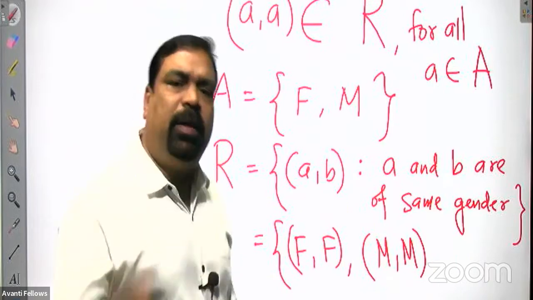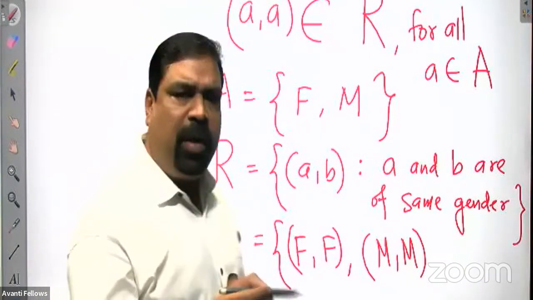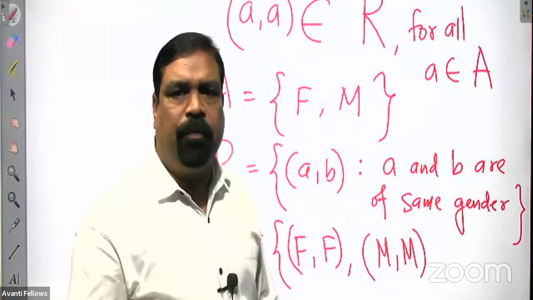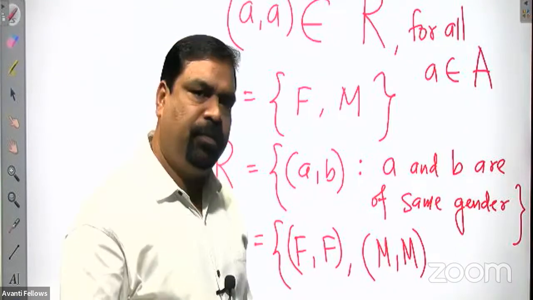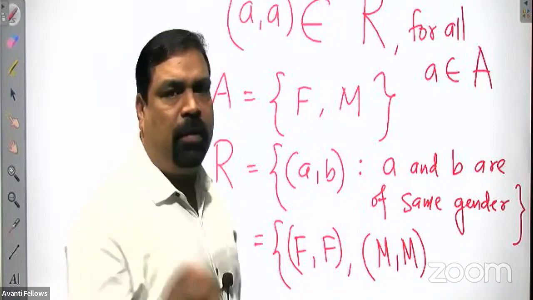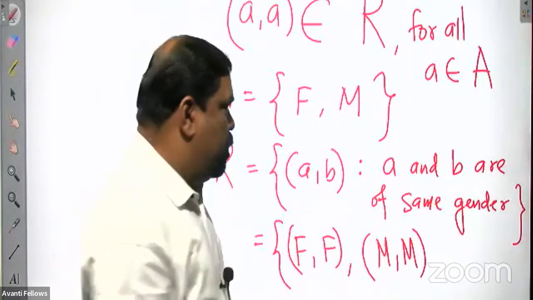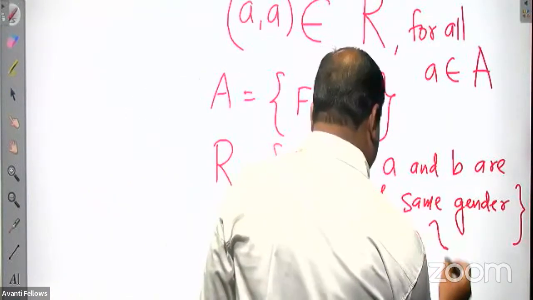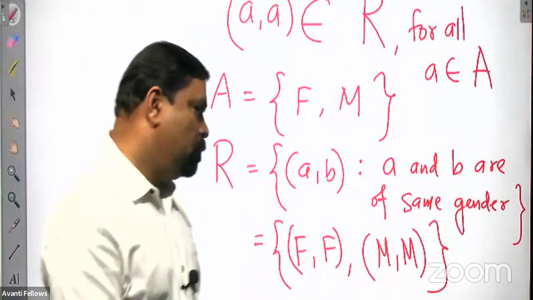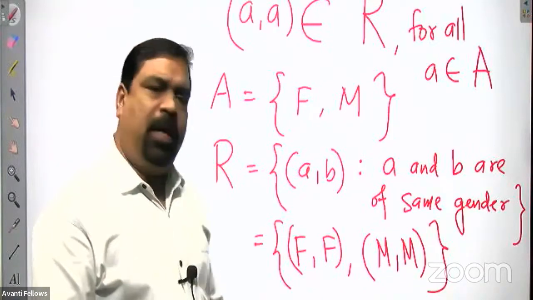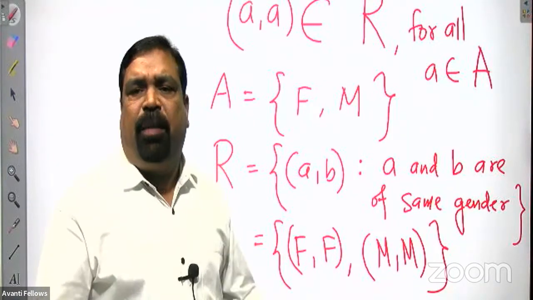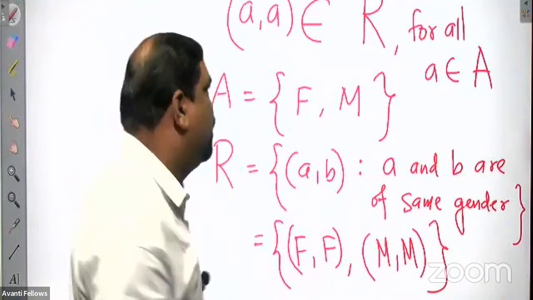Mother is related to mother, father is related to father. Is there any other element? No, we cannot take father and mother. Then this is a reflexive relation. Every element is related to itself. That's the meaning of the reflexive relation actually.